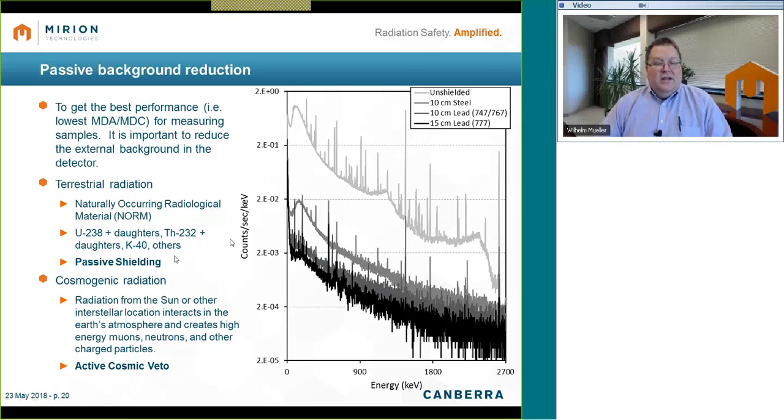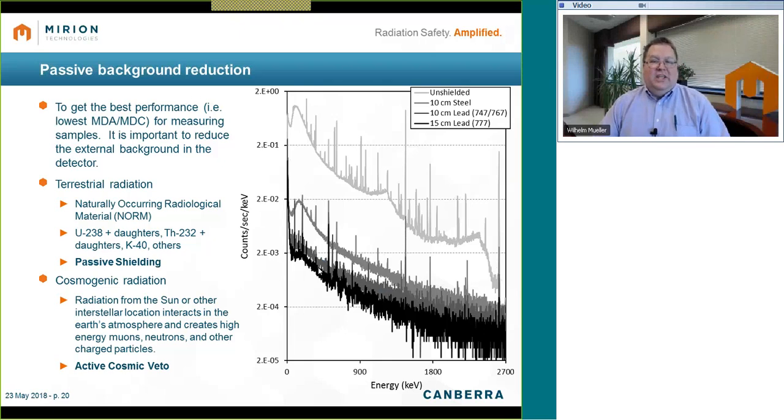What's remaining is primarily background related to cosmic rays. It's of extraterrestrial origin. Cosmic rays interact in the atmosphere and produce high energy muons and neutrons, which then rain down on the Earth. These are very difficult to stop, even with an amount of lead.